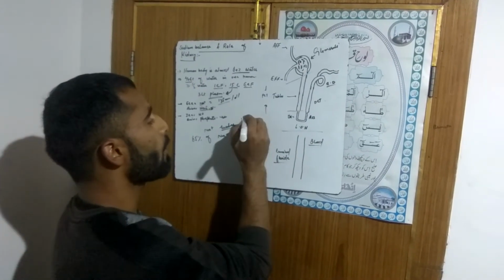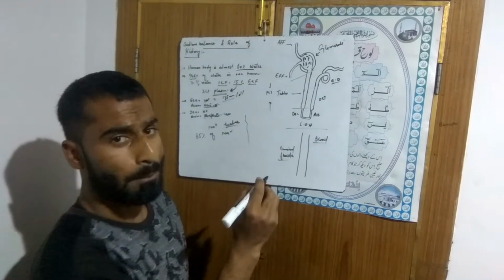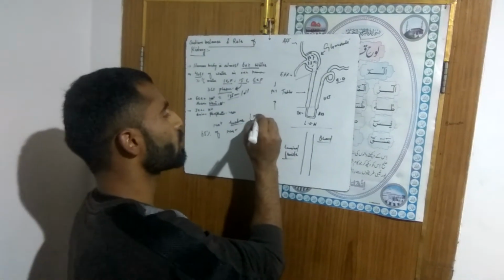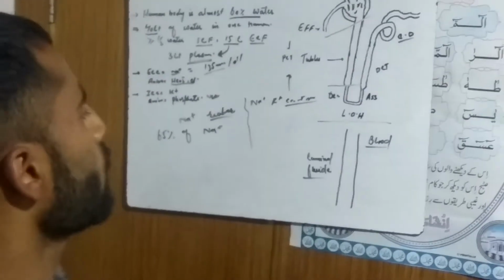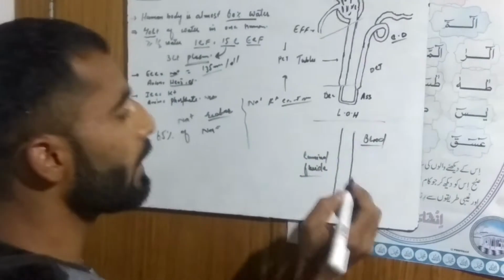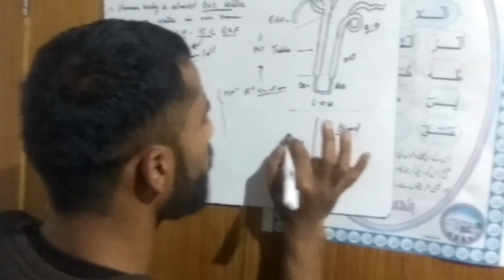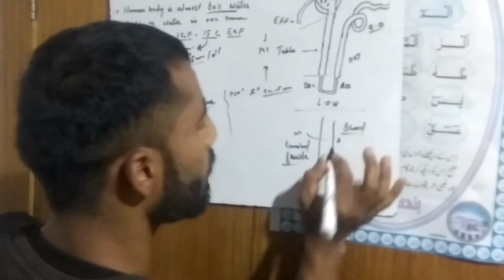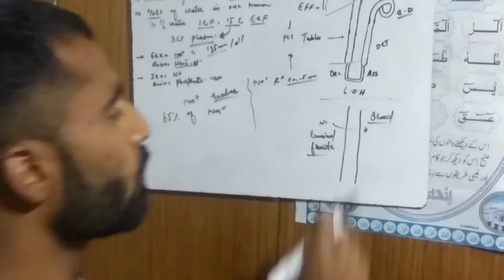At the PCT, there is a pump which is operating, called the sodium potassium pump. So the sodium is not directly reabsorbed from the luminal fluid into the blood. No, there are two phases.